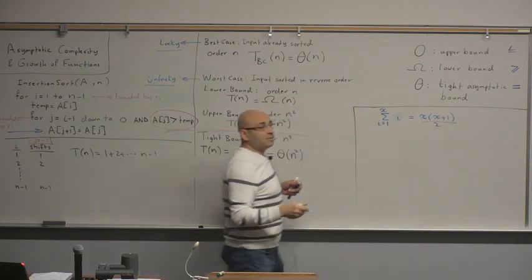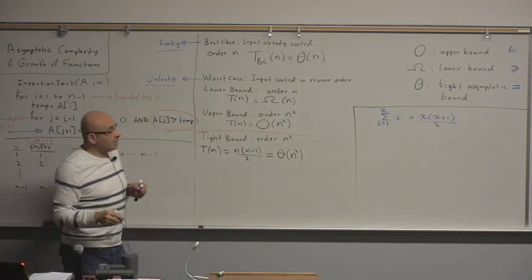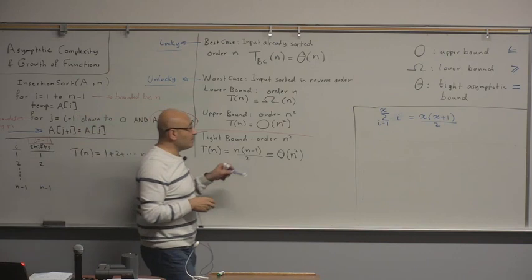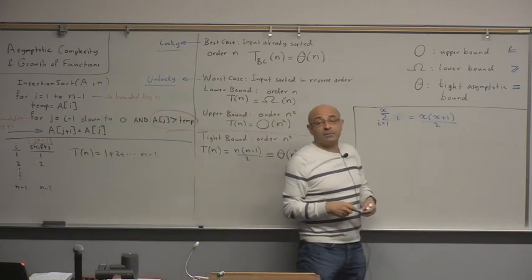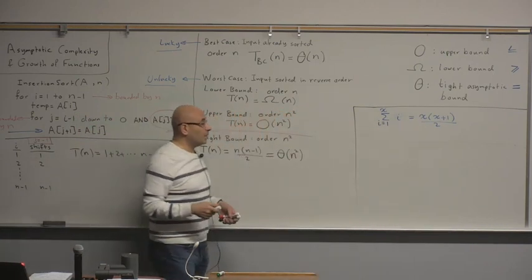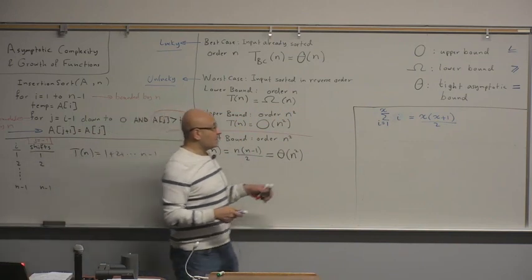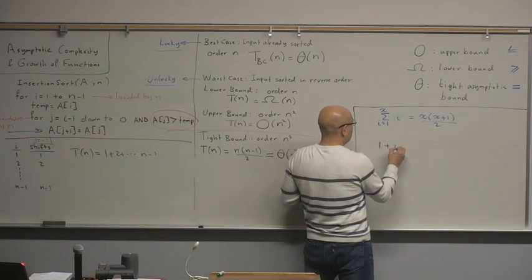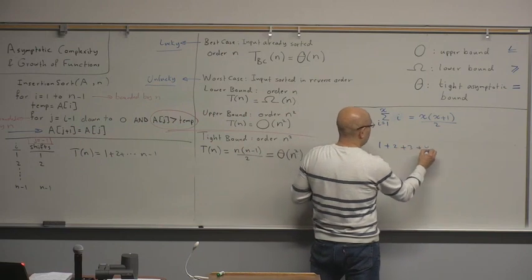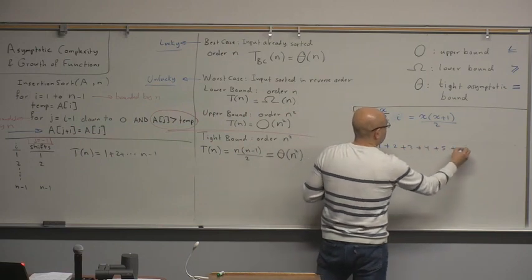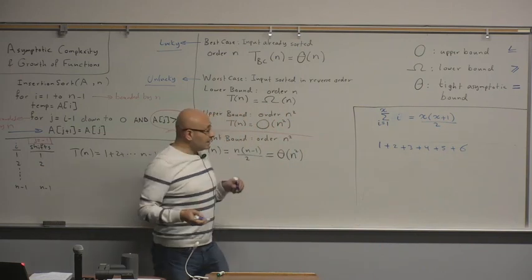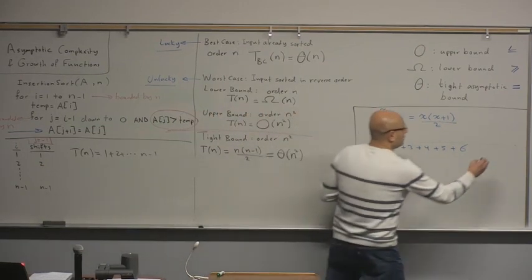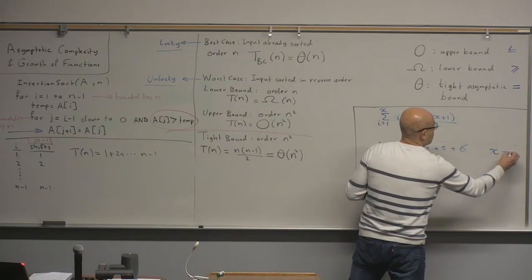I always propose a mnemonic for remembering or deriving this formula. If you forgot the formula, don't memorize it. Just think of this example. If you are adding 1 plus 2 plus 3 plus 4 plus 5 plus 6, what's the value of x? x equals 6, right?